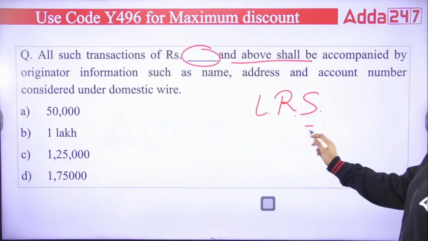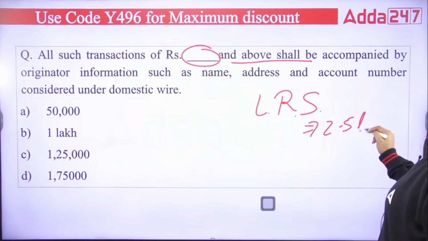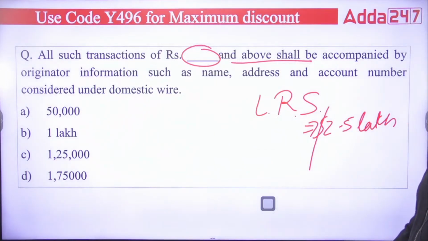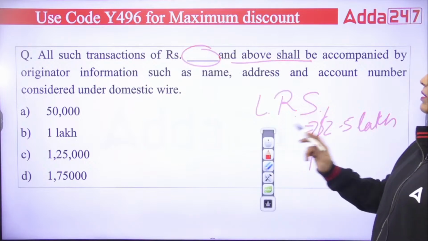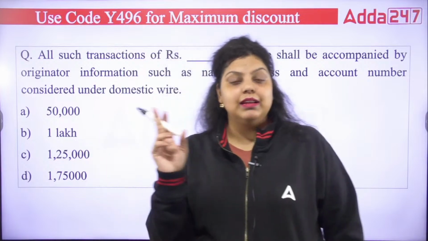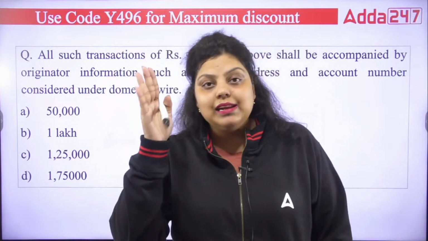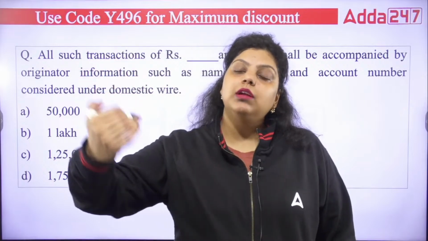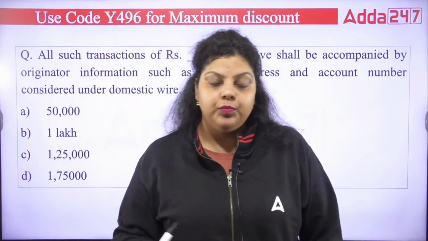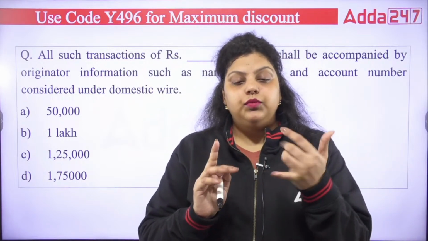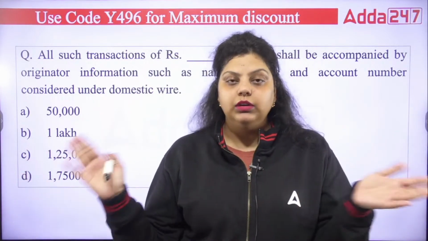So in the Liberalized Remittance Scheme, 2.5 lakh dollars can be transferred from India to abroad. Do remember that it can be done by Indian residents only, and Indian residents include minors. Minors are those who have not attained the age of 18.